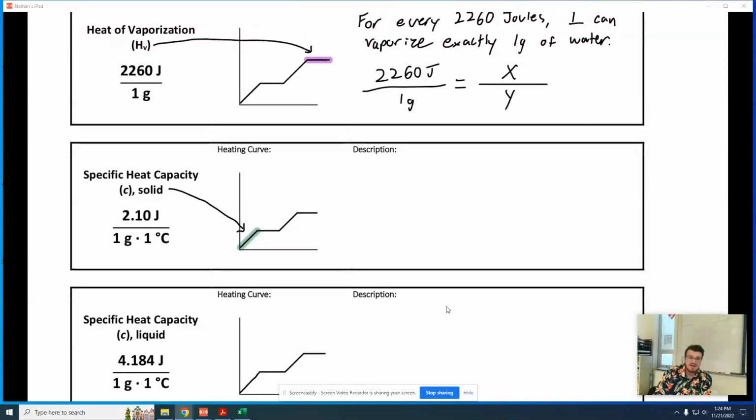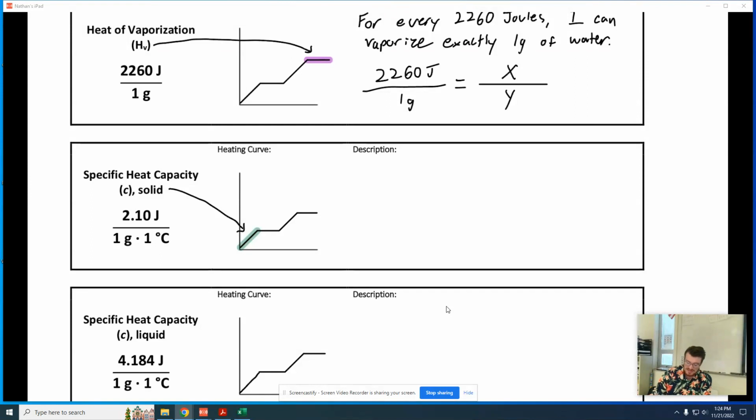What my specific heat capacity says is that if I have 2.10 joules of energy, I can change 1 gram of solid water by 1 degree Celsius.